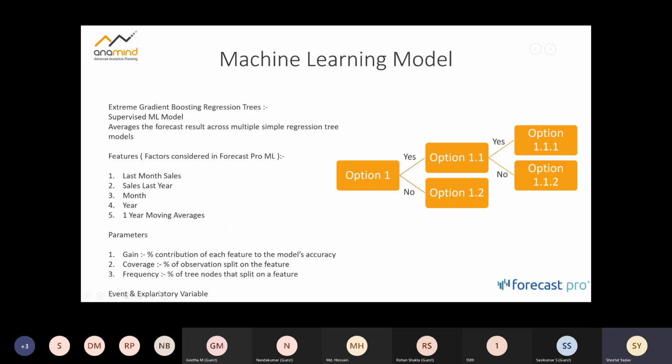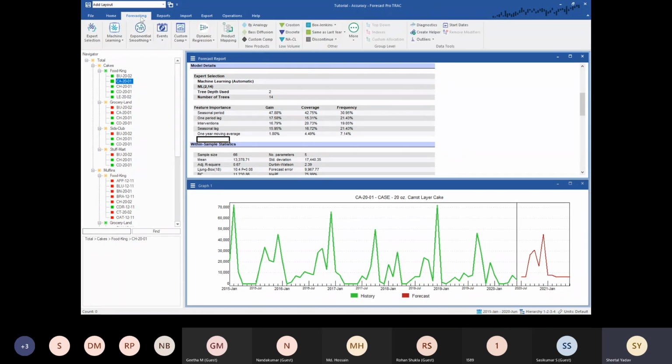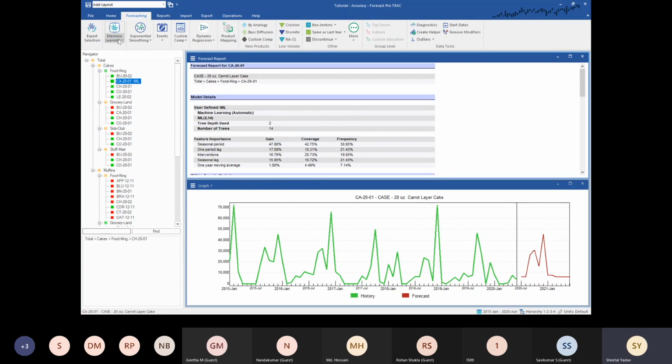And then what the system is also trying to help you with, or the ways in which you can utilize the ML model pretty effectively, is by incorporating events and external variables.